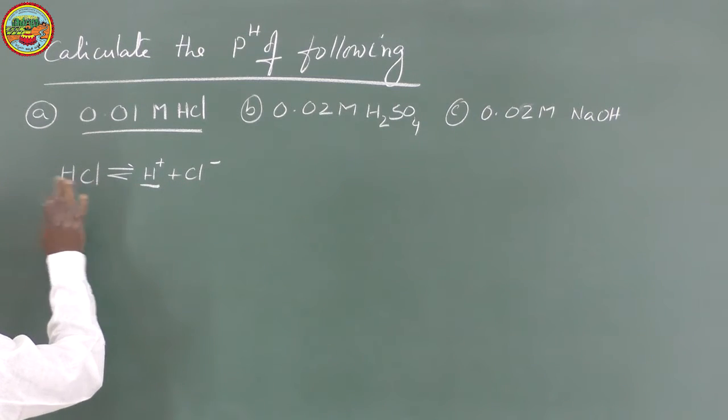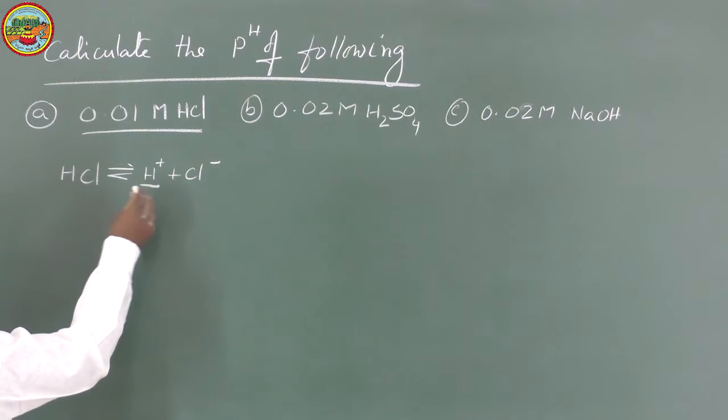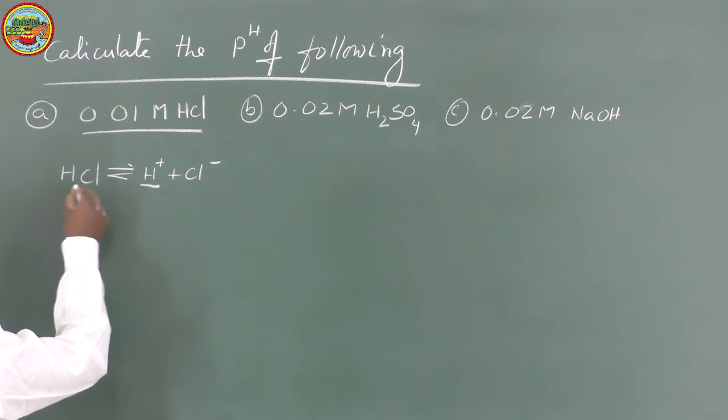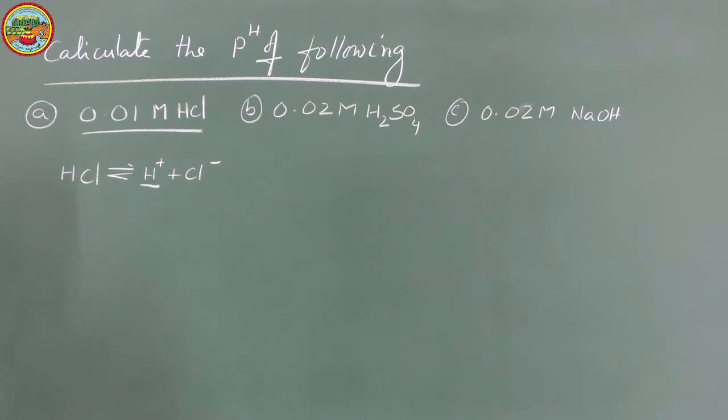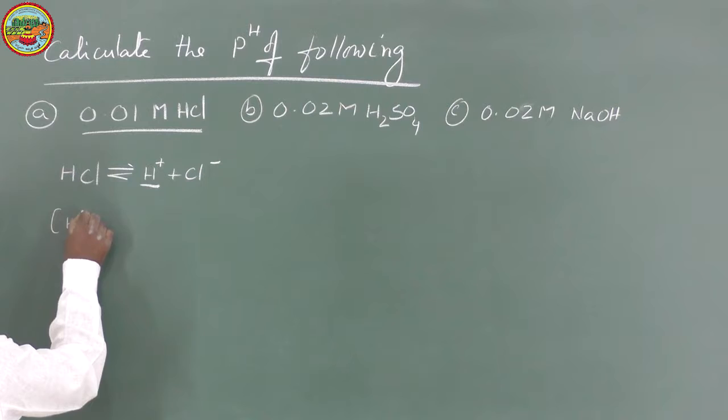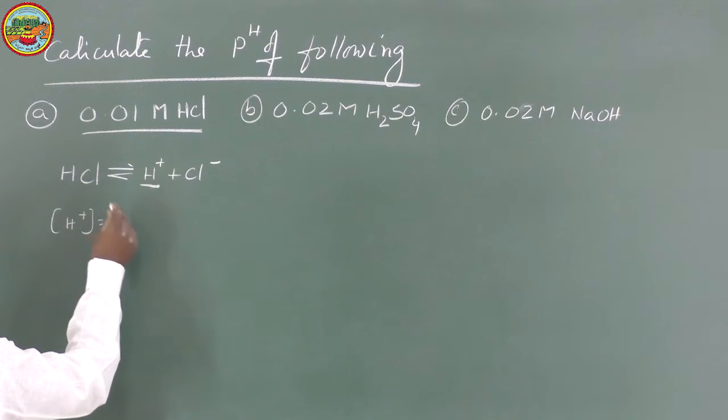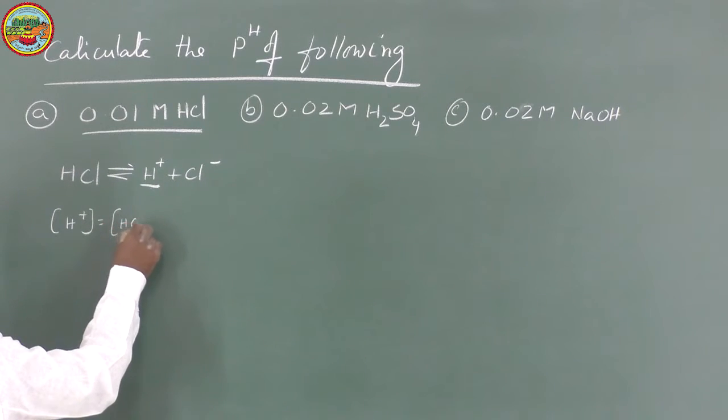Monobasic acid means the acid in which 1 mole of H plus ions is obtained from 1 mole of HCl. Only one replaceable H plus ion is present in each molecule. So in such cases, the concentration of H plus ions will be equal to the concentration of HCl.